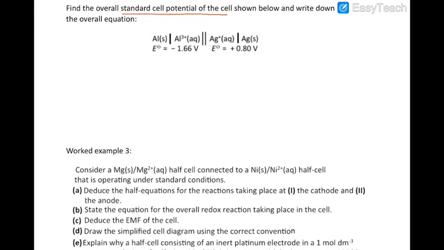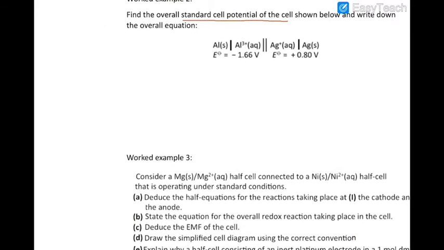Let's see another example. Find the overall standard potential of the cell shown below. The cell diagram is already given to you, so you know that this is the oxidation side and this is the reduction side.